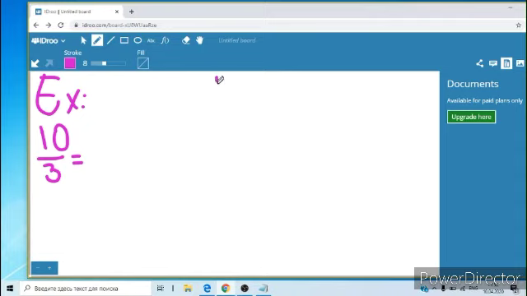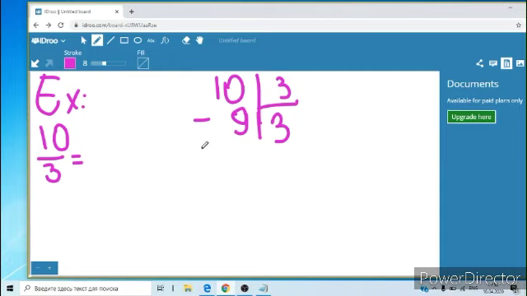As you know the division, how can we divide 10 divided by 3? Our divisor is 3. So our quotient here will be 3. 3 times 3 is 9. So we will subtract from the dividend. It will be 1. So how can we continue?